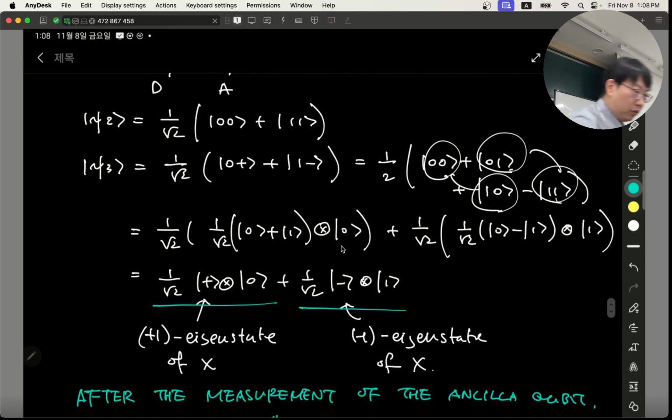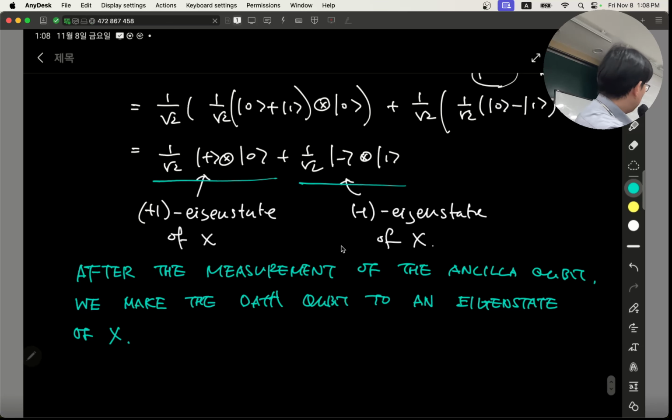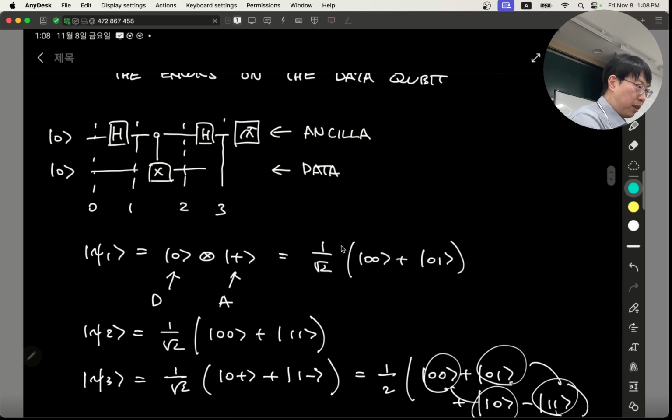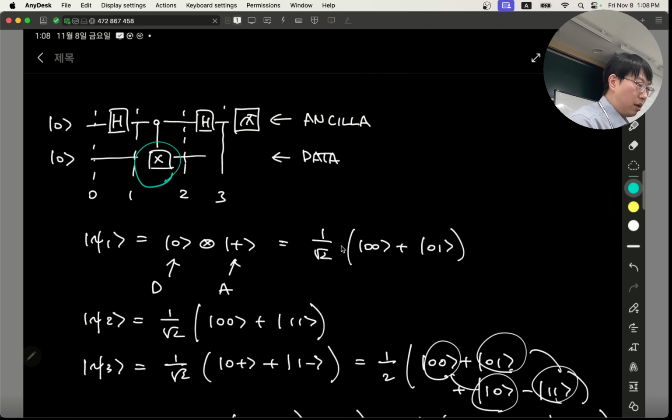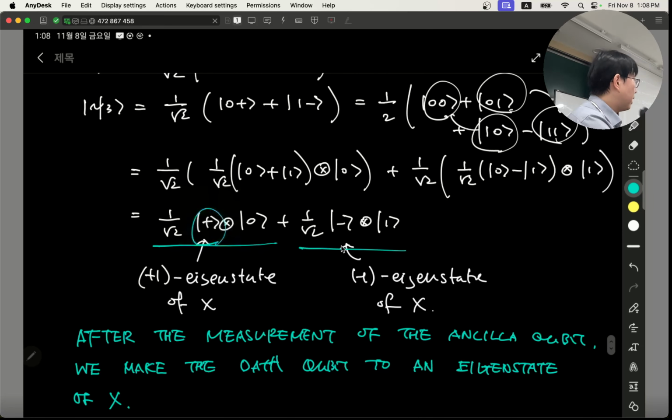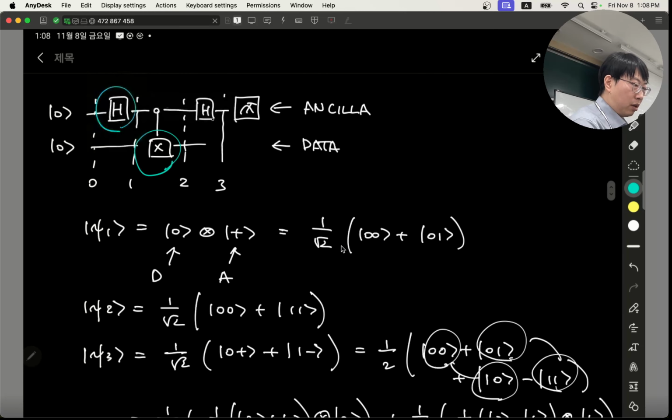Because this is already fixed to the eigenstate, and when I apply this x gate it doesn't change the state. It's the same state as when I apply the x gate to the plus 1 state here. So nothing happens. Whether or not I apply the CNOT gate after the Hadamard gate, whether the state on the ancilla qubit is 0 or 1, whether or not I apply the x gate, the theta qubit has the same state. So nothing happens.